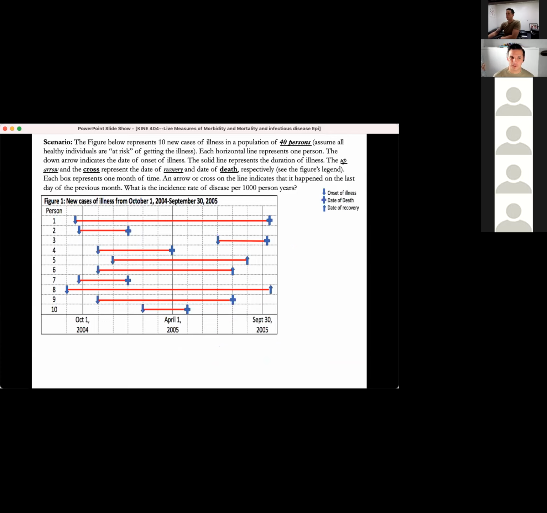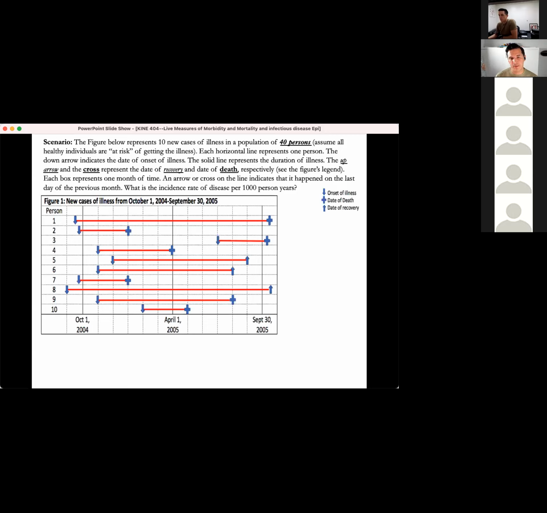But just remember, person years is the amount of time that the people in your study or in your population contribute to being at risk for this particular disease. So when we're thinking about incidence of disease, that incidence is changing based on the number of people who are at risk, and the number of people in our population and so on.